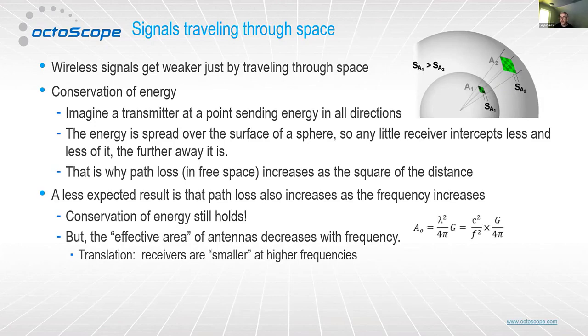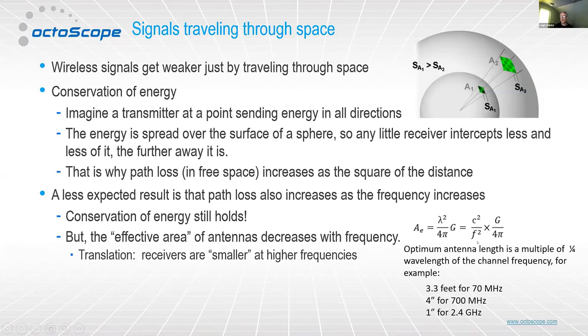This is the actual equation for the effective area of an antenna. And you can see that it's proportional to the wavelength squared, or inversely proportional to the frequency squared. And so wavelength sizes, depending on the frequency you're operating at, get smaller and smaller as the frequency goes up. So it can be measured in feet for very low frequency wavelengths and measured in inches or centimeters as you go up and up in frequency.